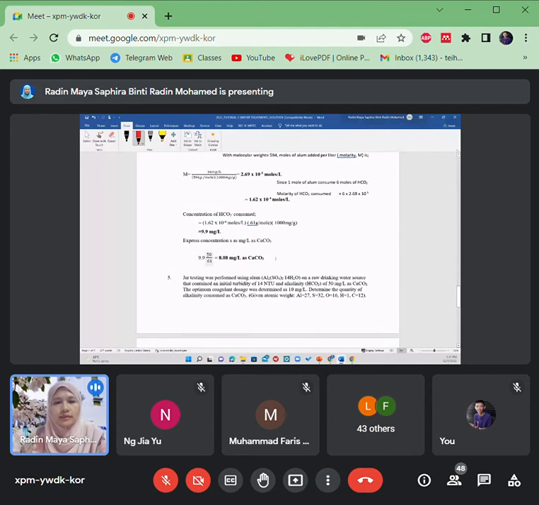You need to refer again to the slide from chapter 3 on water quality to see how you calculate this: 50 divided by 61. 61 is its molecular weight, and 50 is the equivalent weight for calcium carbonate. Then you can get 8.08 mg per liter as calcium carbonate.